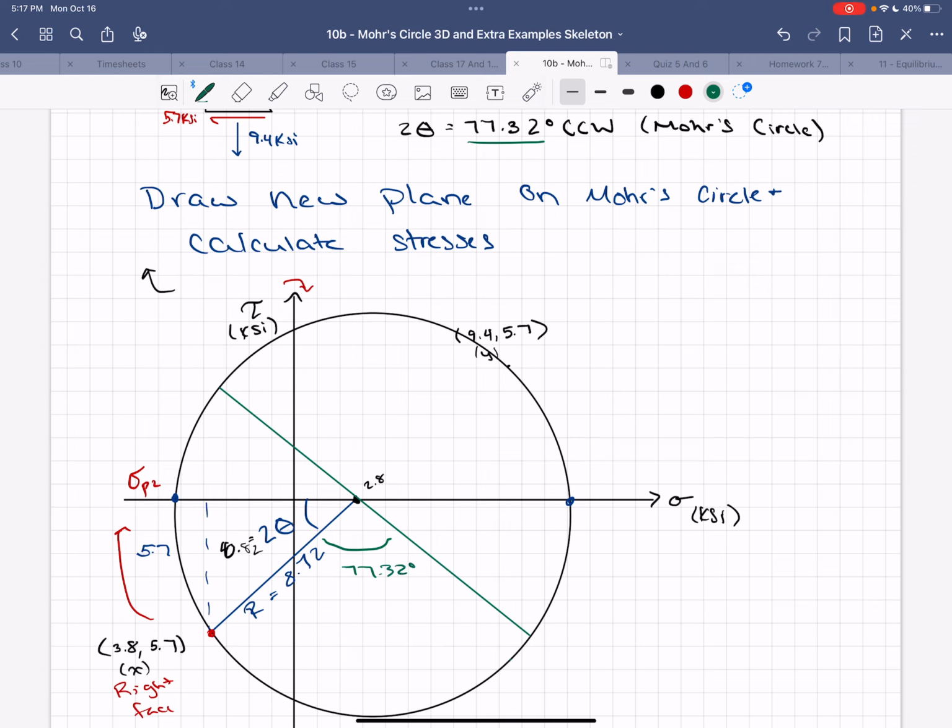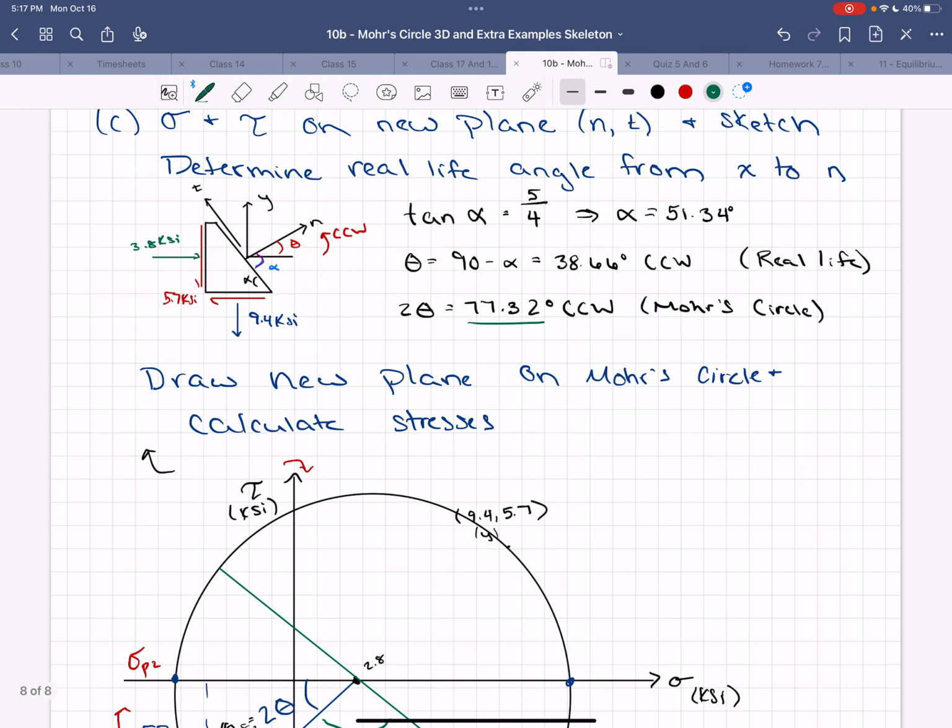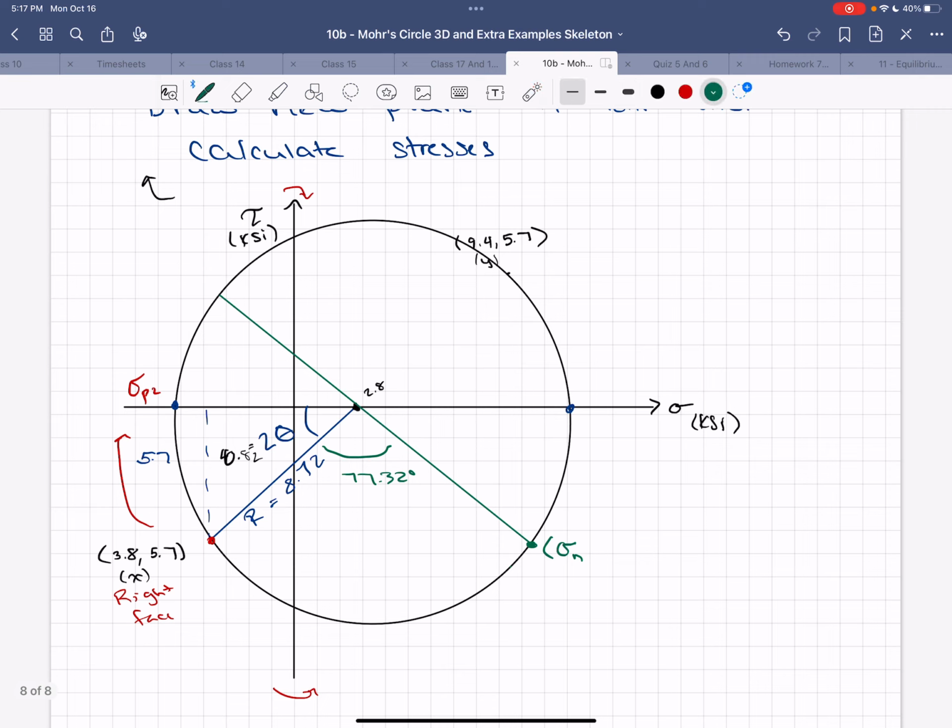So then this is our new sigma in the normal direction, if we're calling this our normal, and then our tangent component is here. So this is our new sigma normal.